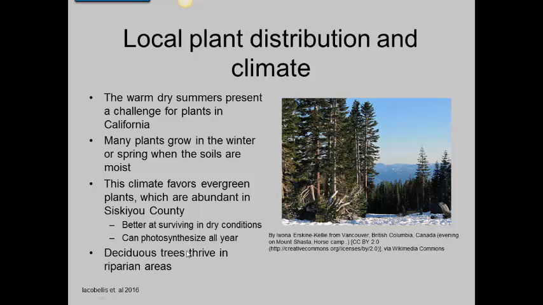Conifers can also photosynthesize all year round. Other evergreen plants can as well. So they still have leaves in the winter when we are getting some sun, and if the conditions are warm enough, they're going to be getting moisture as well. So they can photosynthesize all year round. A deciduous plant can't photosynthesize all year round.